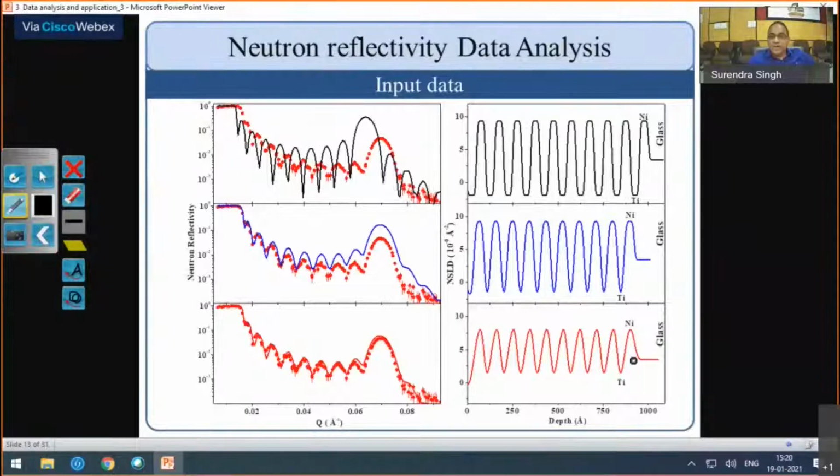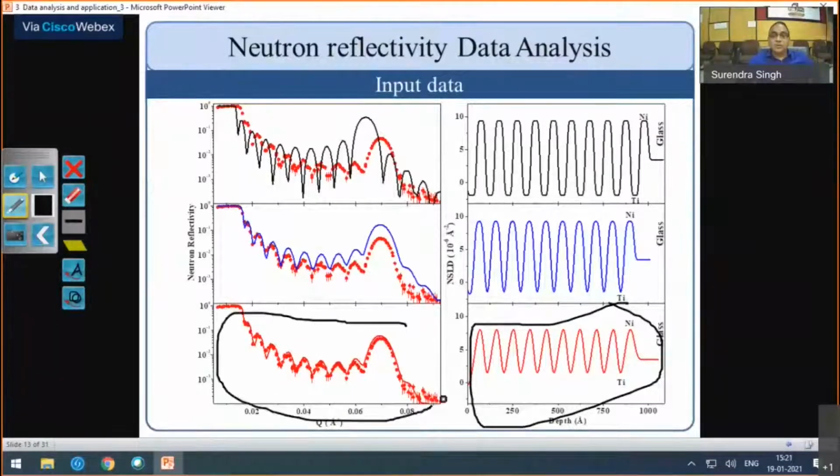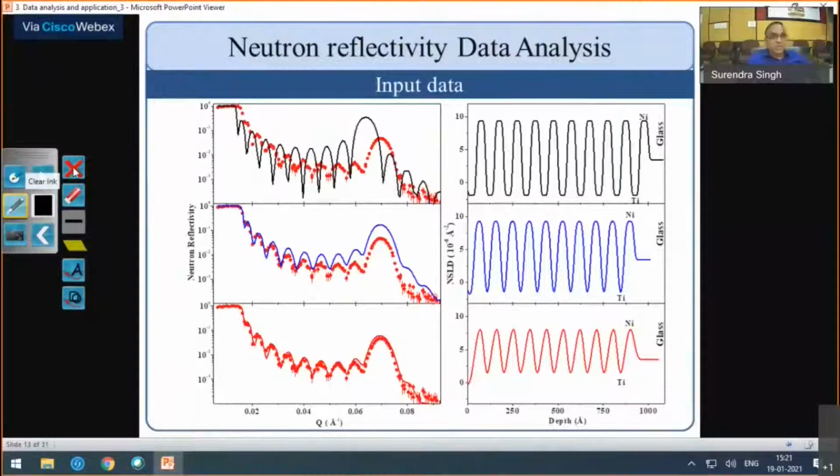And then finally, this is the final scattering line density for the nickel-titanium multilayer, and this is the fit. So these are the steps of how we do the analysis, and then we report. This is our final result, because this is giving the best fit for this data. Okay, so this is typically how we do the analysis of neutron reflectivity data.